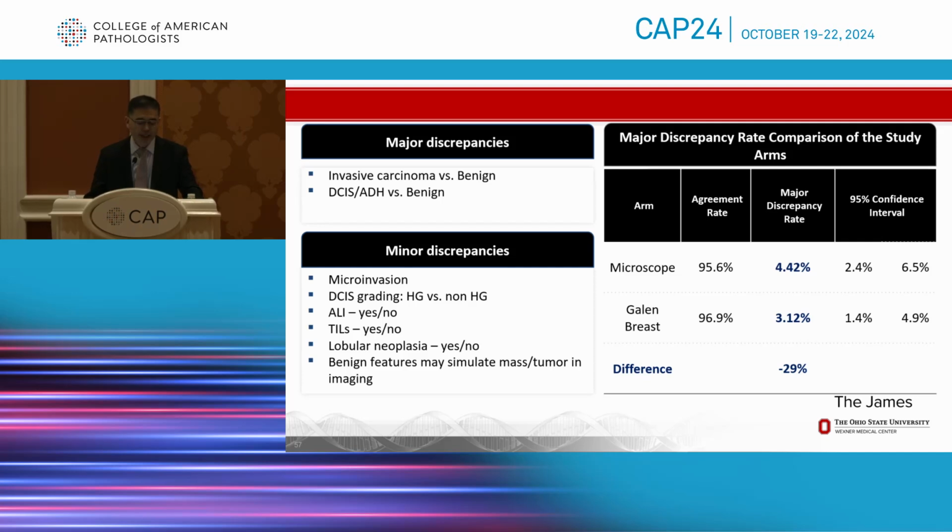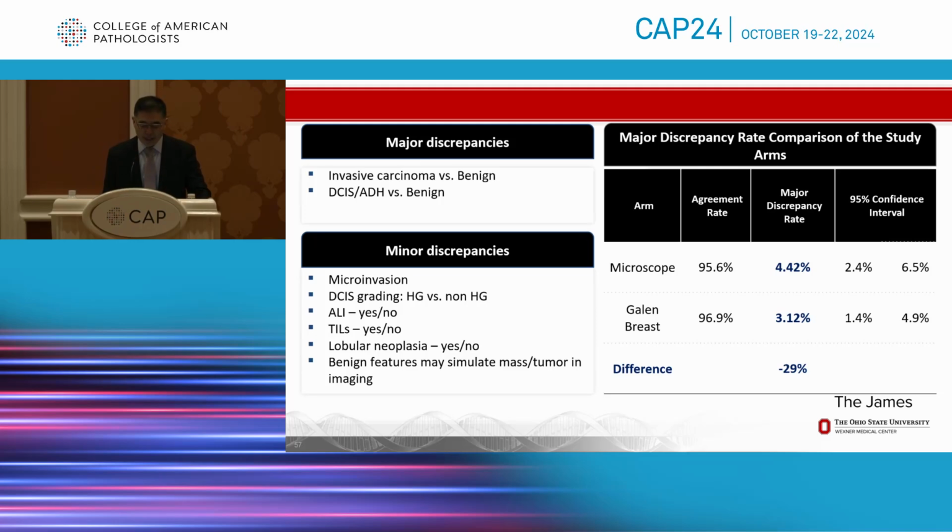During the validation, they separated discrepancies into either major or minor. As you can see here, if it's benign versus invasive or DCIS, that's a major discrepancy. Some minor discrepancies include whether there is a microinvasion or just the DCIS grading difference.